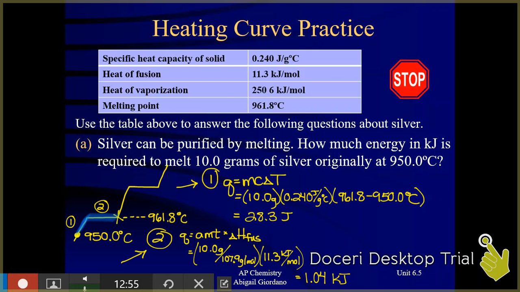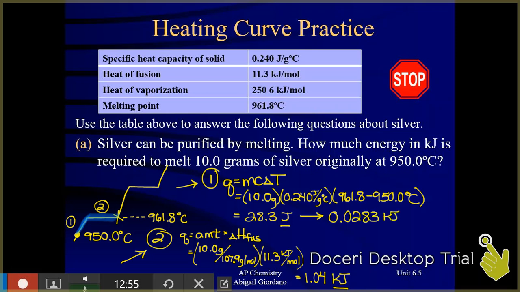I need to add these heats together, okay? And there's a little bit of a problem though, because this heat is in joules, this heat is in kilojoules. The question said to put the answer in kilojoules. So let's convert this one. We're going to move the decimal point 3 spaces back. 0.0283 kilojoules.